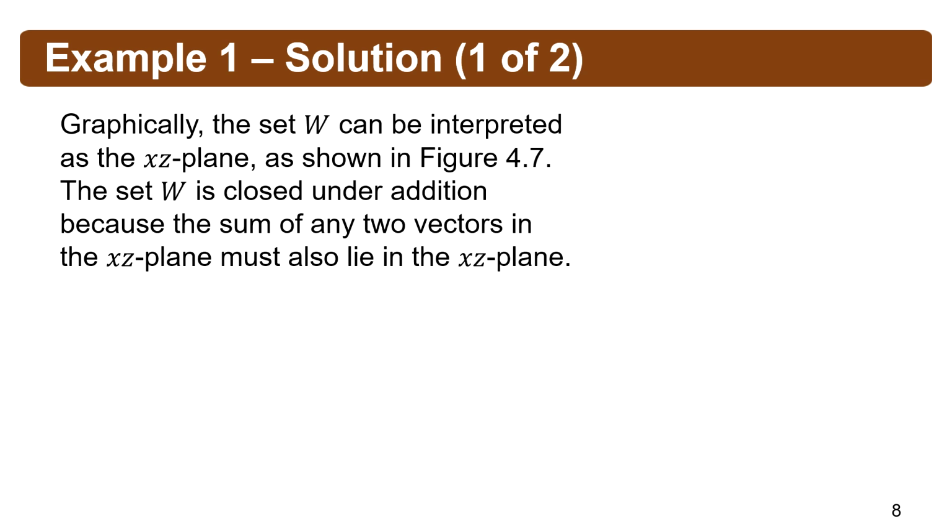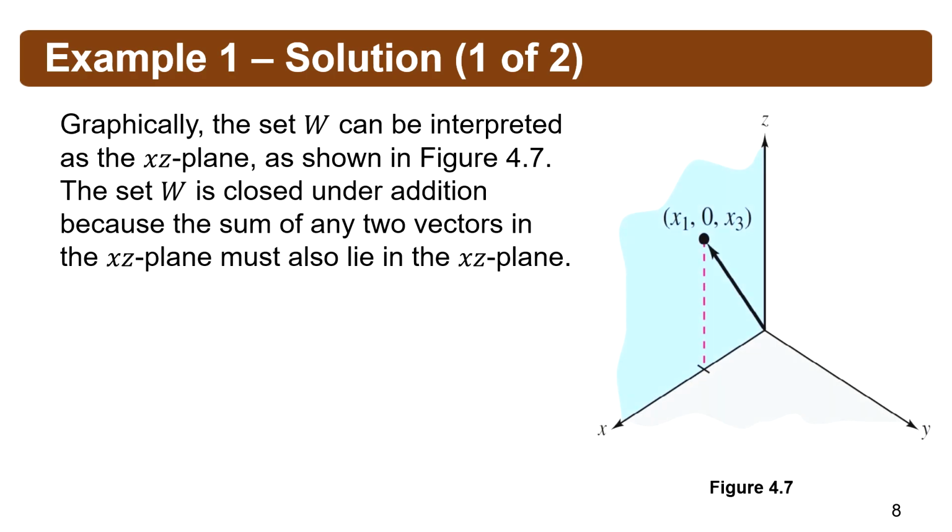Graphically, the set can be interpreted as the XZ plane, as seen in the figure. For this x sub 1, the middle component, meaning the y, is 0. So your x sub 1 is here, and then we stay here because your y is 0, so you don't move to the front or to the back.